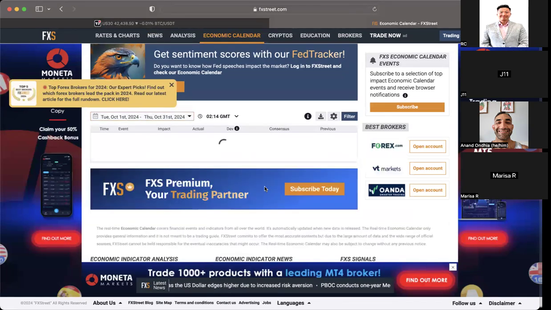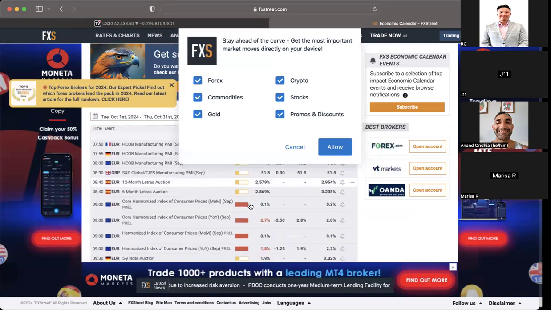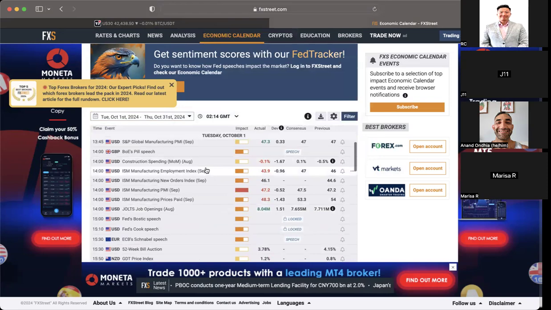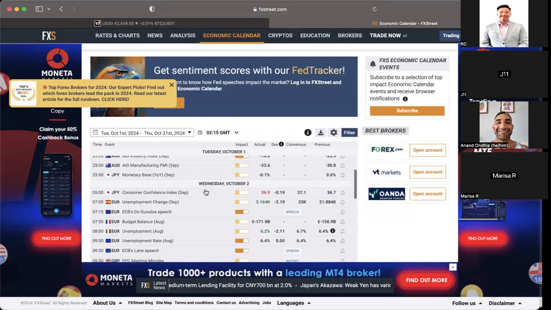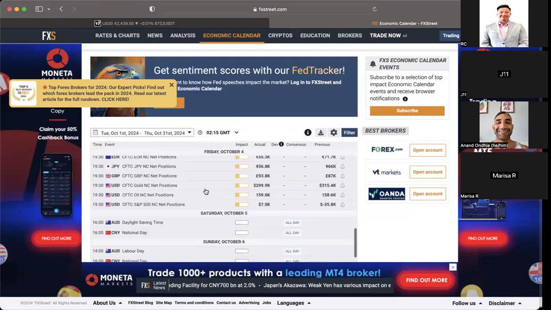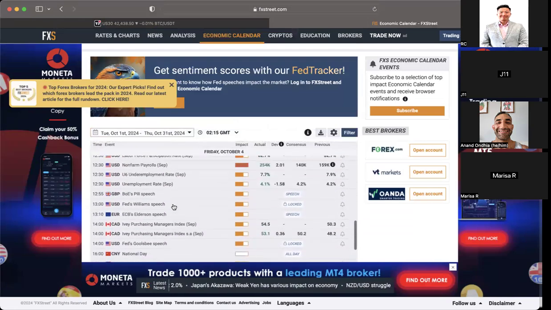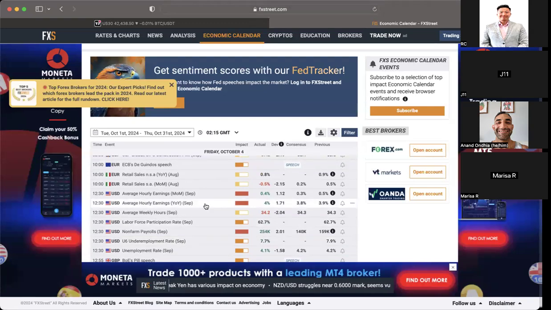Like I said, NFP is one of the most impactful news. NFP is typically the first Friday of the month. The first Friday of the month in October was October 4th. On October 4th, we had non-farm payroll, which basically measures the unemployment rate and the employment rate.